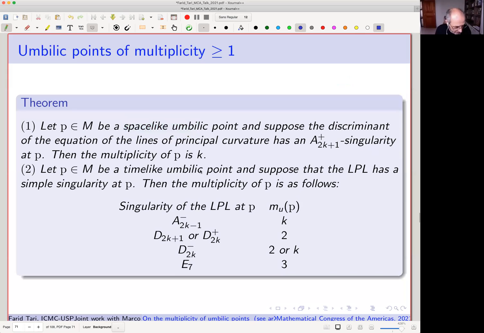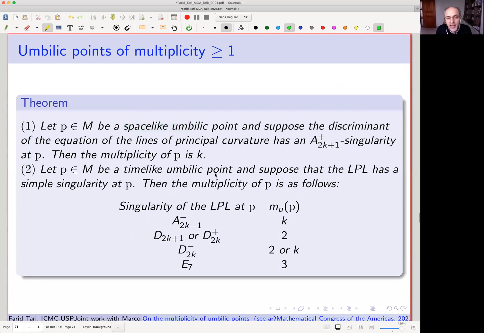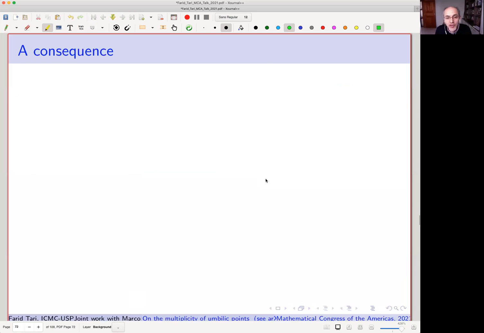Then the multiplicity is equal to k. And if the umbilic point is time-like and has a simple singularity, then we have this simple singularity with this multiplicity. So why am I doing this? Because we have a consequence.